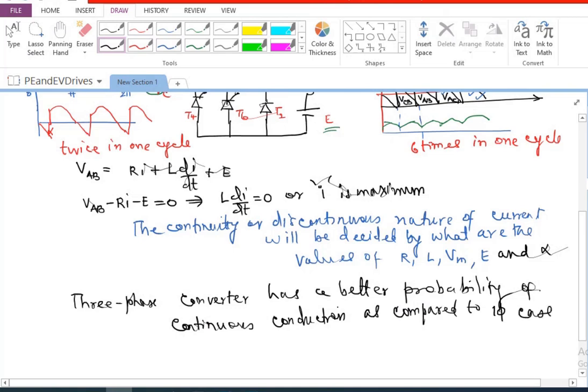So always three-phase converter will have a better probability of continuous conduction as compared to single phase case.